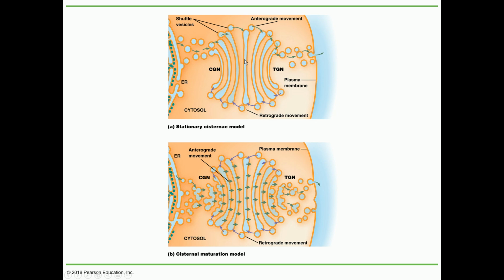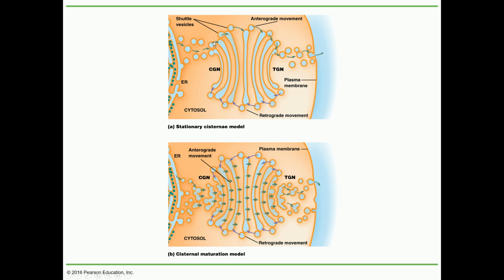This is the CGN, this is the TGN, these are the medial cisternae. According to this model, these cisternae are stable, and transport from one cisterna to the next takes place with the help of these shuttle vesicles. First of all, a cisterna will form here. The vesicle coming from ER first fuses here, then it gets matured and modified, the protein or the lipid, whatever it is.